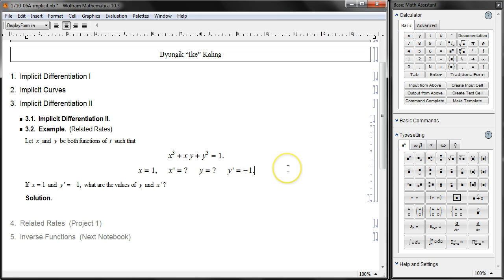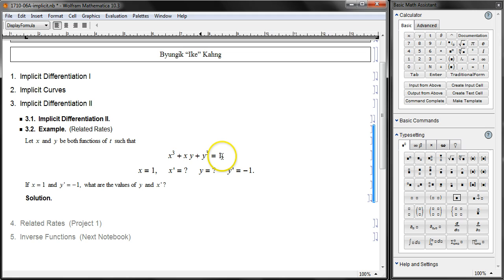We have two functions, x and y, and two derivatives, x prime and y prime. But among those four quantities, x equals 1 and y prime equals negative 1 are known, and the other two, x prime and y, are unknown. So in short, we have to find these two unknowns with this one equation.